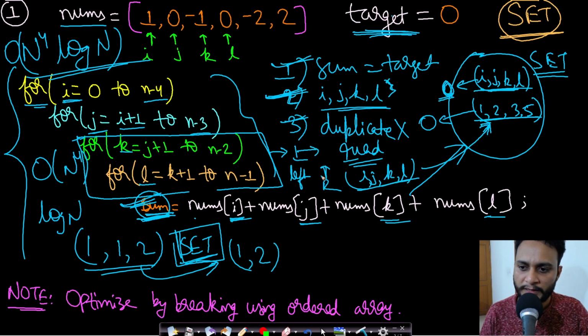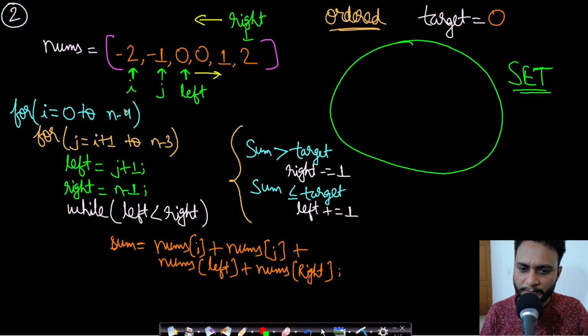Left will move to the right and right will move to the left until left is less than right. Here we are removing the inner two loops, which were k and l, and replacing them by the two pointer technique, left and right. The left will be pointing to j plus 1 and the right will be pointing to the last element.